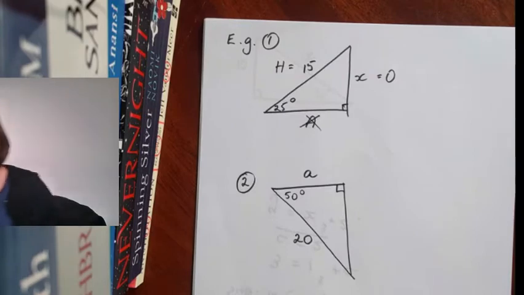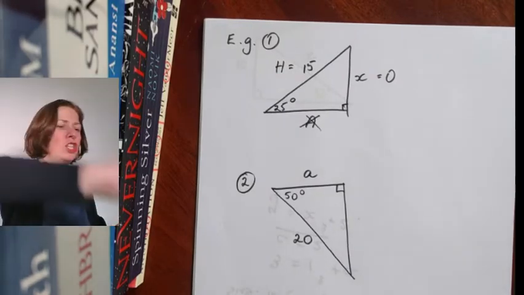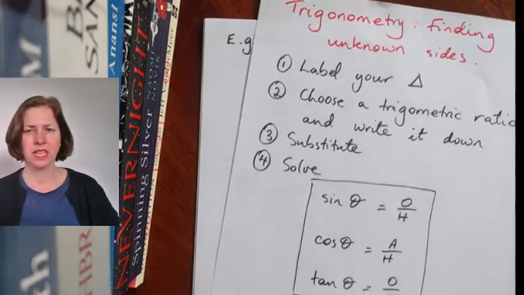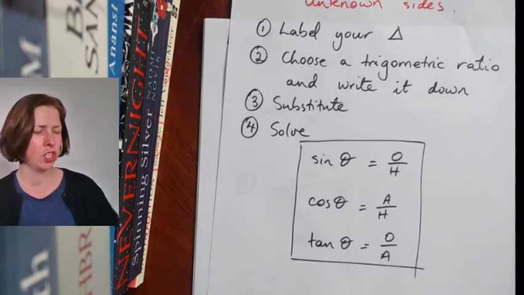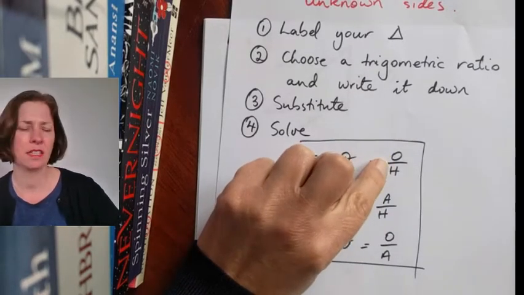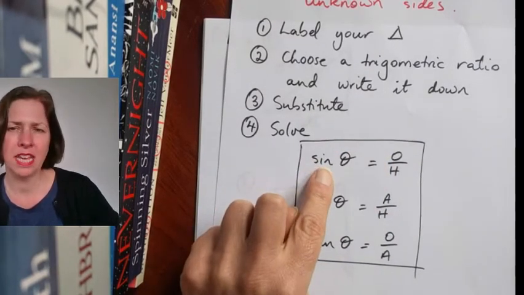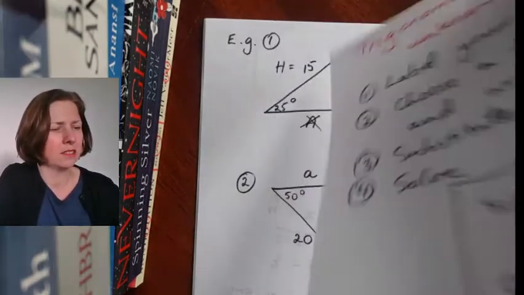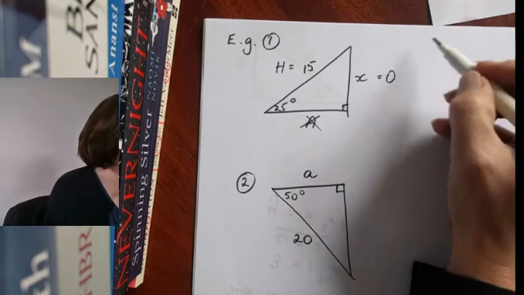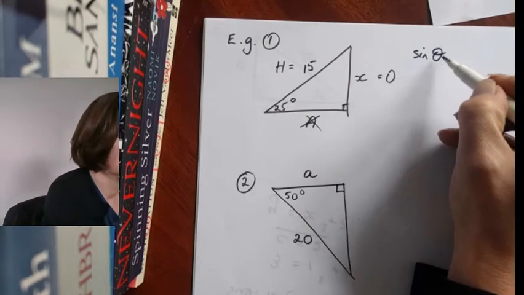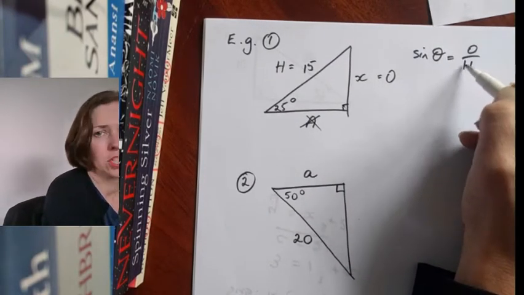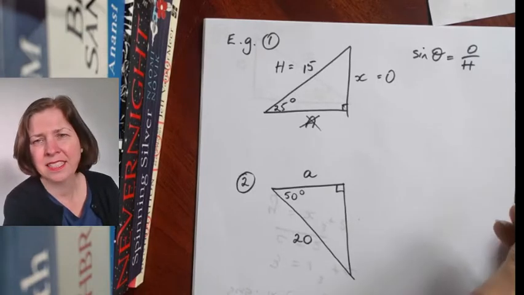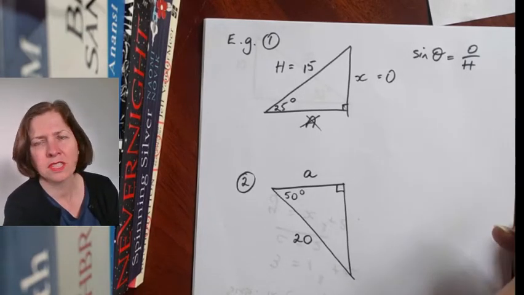And if I go back to my list of trig ratios and I look for O and H, there they are together there. So I'm looking for sine theta equals O over H. So first I'm going to write that down. Sine theta equals O over H. My next step is to substitute in all the values that I have.